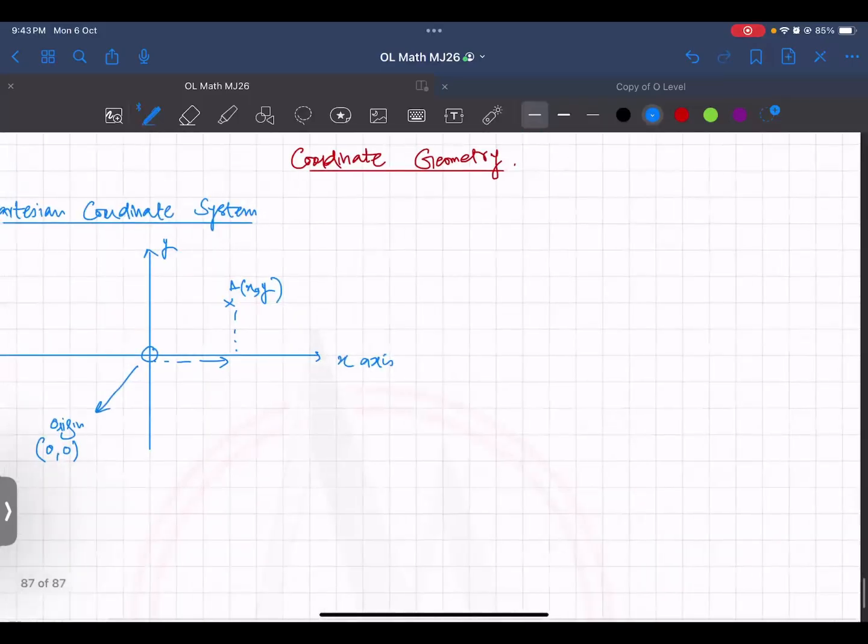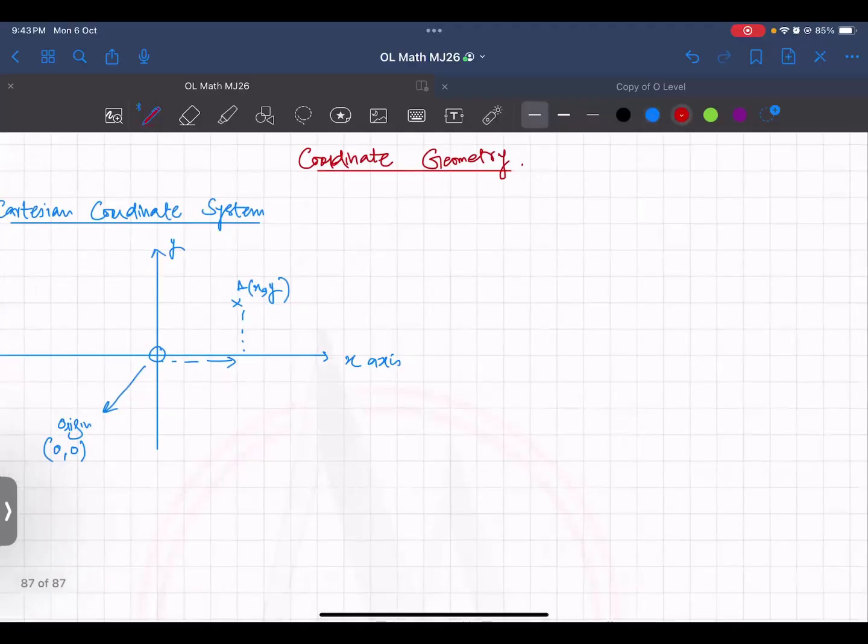And then there are a few formulas over here that you need to learn. One of them is the gradient formula, gradient between two points. And then you have the midpoint between two points.